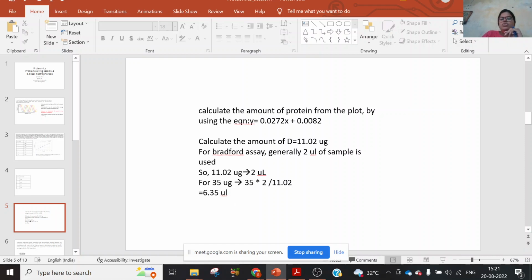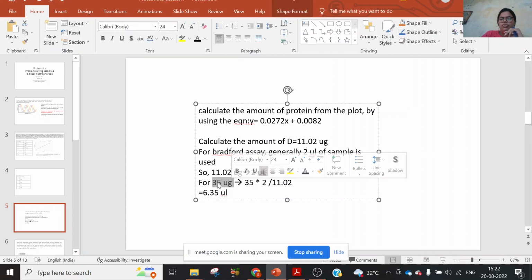This is the volume of your sample that you have to use if you want 35 microgram of protein in your sample. Then you have to use 6.35 microliter.